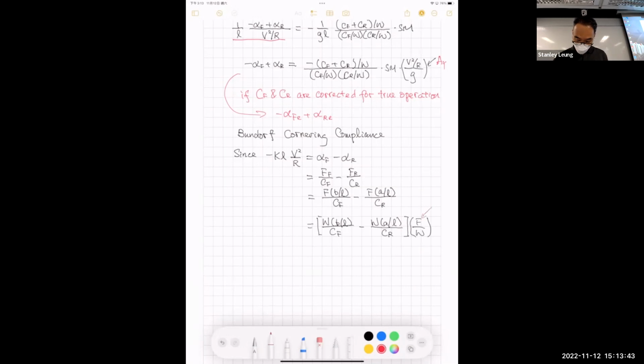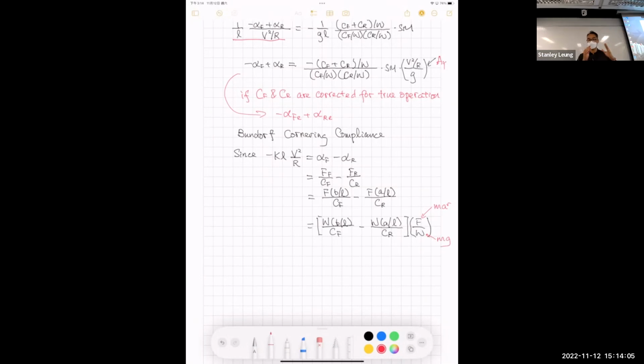This is the mass times the radial acceleration. This is the mass with the G, it's the weight. So the mass cancels out.